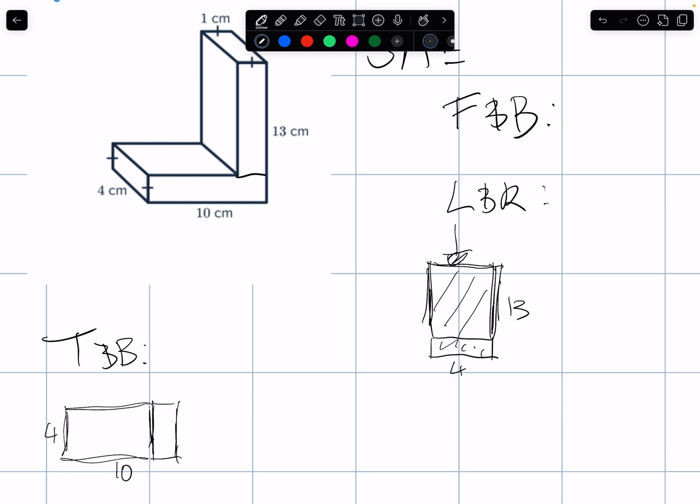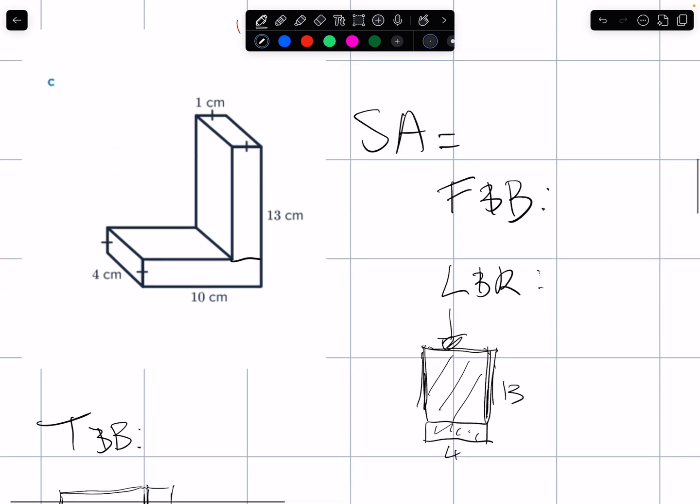And you would have 2 separate little blocks, which is very cool, right? Now, these are kind of the easier ones. You've got 4 centimeters and 10 centimeters. The hardest part of this is finding the front and back, because that's an addition of 2 separate things. But you'll see as we go through it, we'll end up highlighting and coloring in all of the different sides.